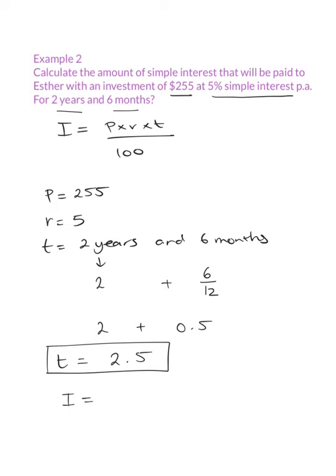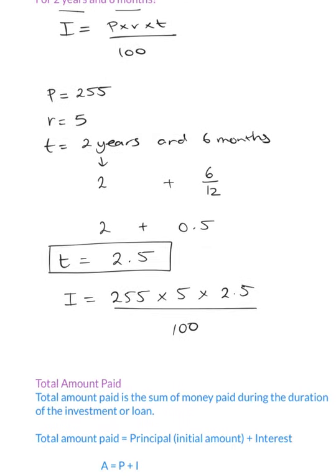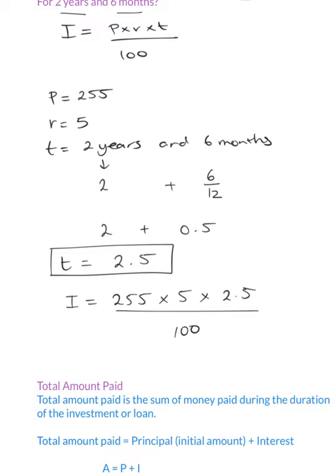So interest equals P, 255, times R, which is 5, times T, which is 2.5, over 100. And that gives us $31.87. Now we need to convert this, of course, because we're dealing with money, so it's $31.87. It's the total interest earned.